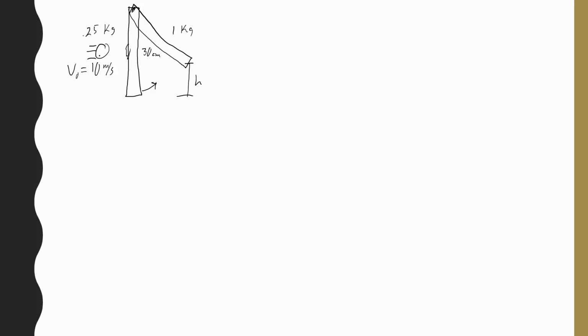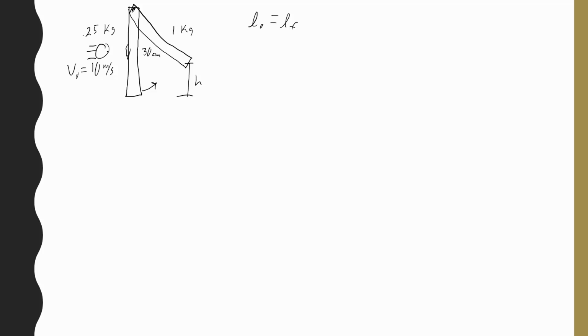But we can do conservation of momentum for the collision, but because it's fixed here, we can't do linear momentum. We need to do conservation of angular momentum. And so we can say that the initial angular momentum equals the final angular momentum, where this is right before the collision and right after the collision, before it has started swinging up.